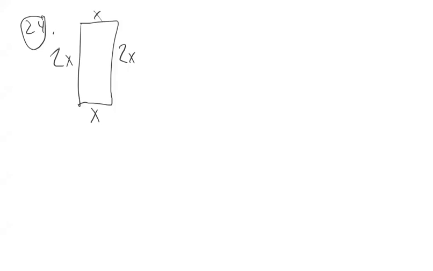It just says twice as long as it is wide. So that means the width of it is x and the length of it is 2 times x. So there are 2 long sides that are 2x and 2 short sides that are x. And the perimeter is 360. The perimeter means if you walked all the way around, then it would be 360.